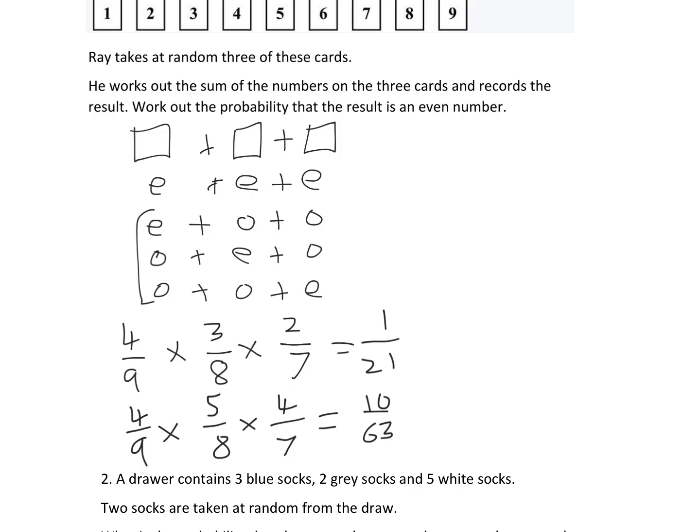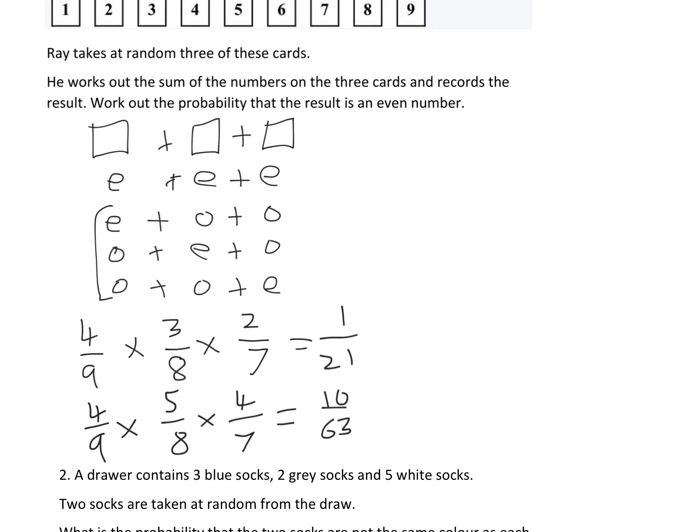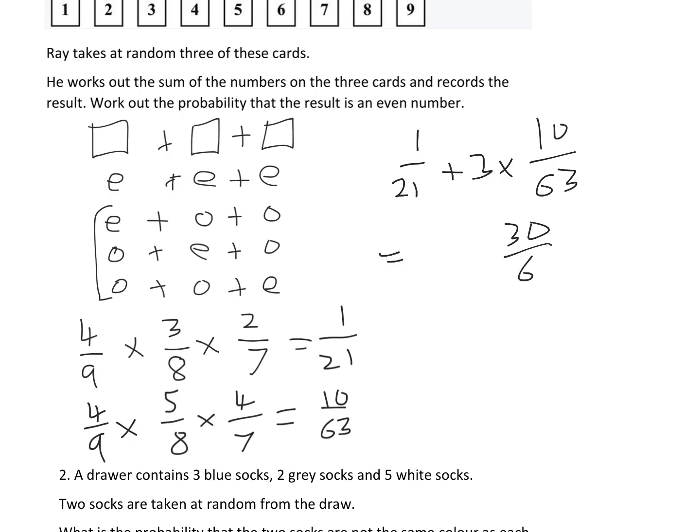Now, there were 3 ways of doing this one here. I haven't laid this out brilliantly because of the space below, but effectively we can get 3 evens, that's 1 over 21, or there's 3 ways to get even and 2 odds, so that's 3 times 10 over 63, so that would be 30 over 63 for the second one.